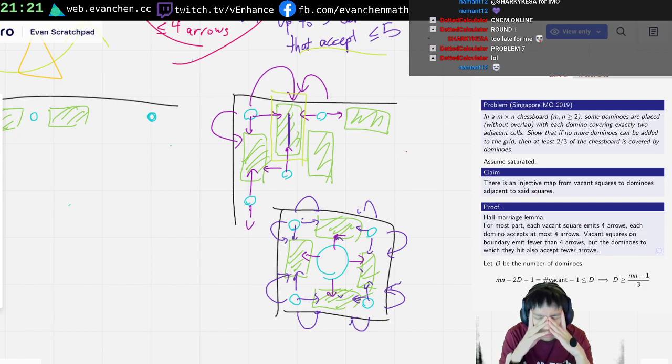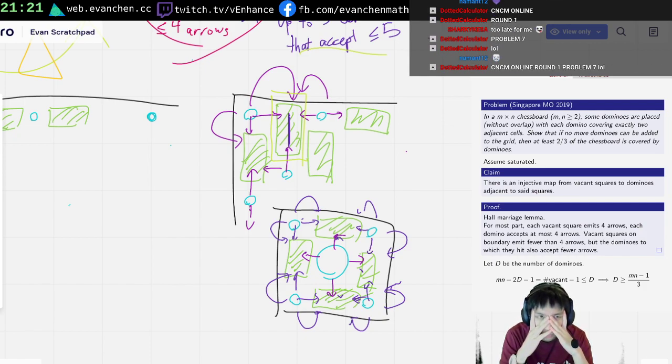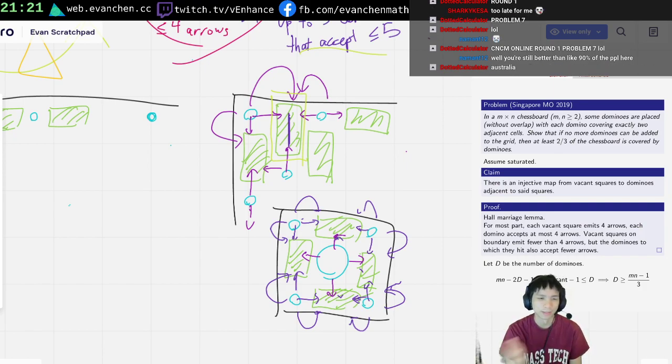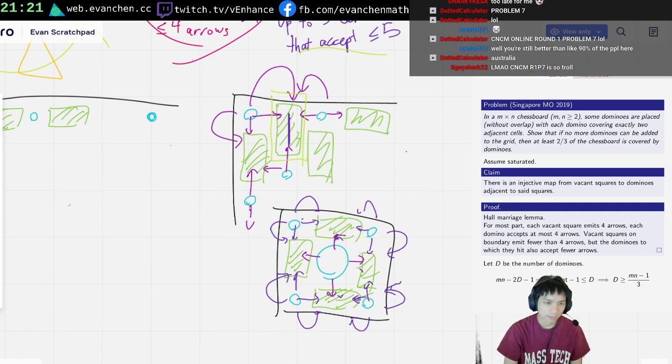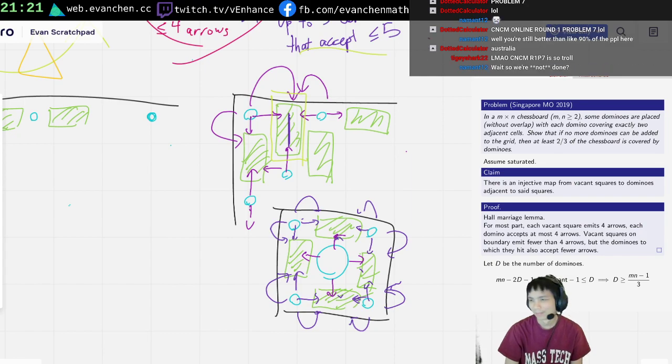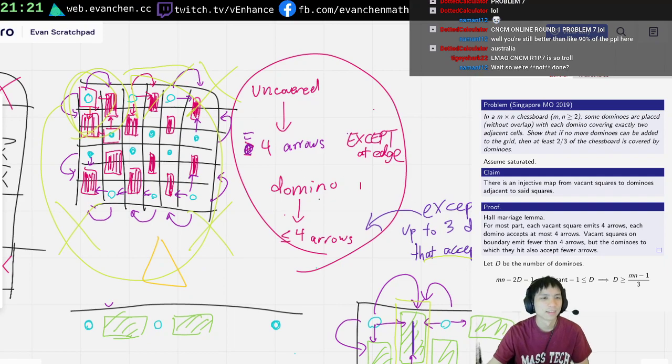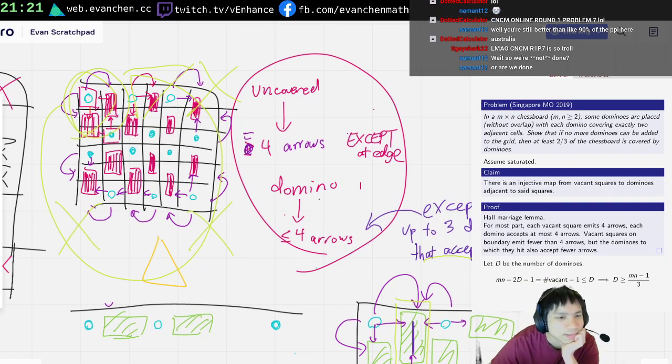I'm just being stupid by quoting Hall, because I don't need the matching. I need Hall's condition only for the entire left set of vertices, so calling it Hall is very misleading. I just want to double count. No, we're not done. We're at mn minus 1 over 3.